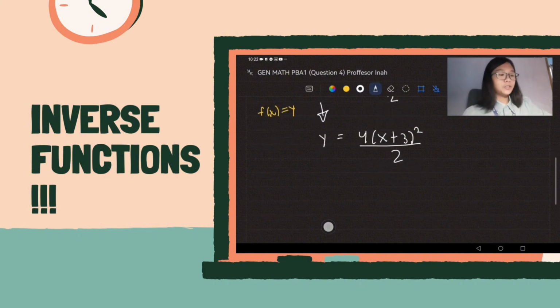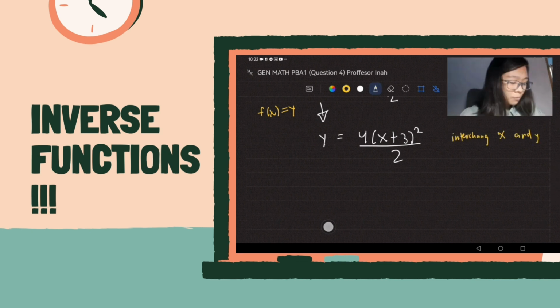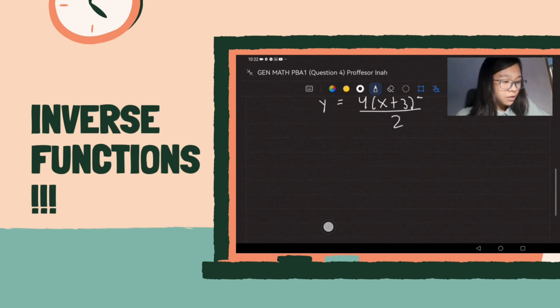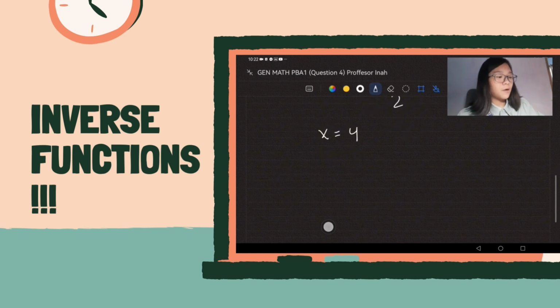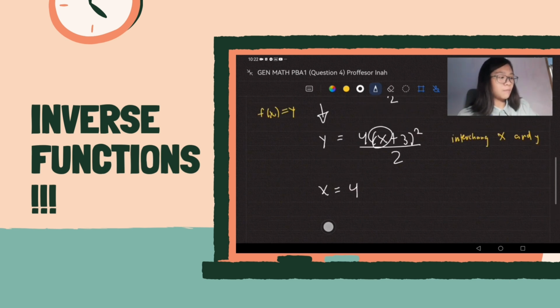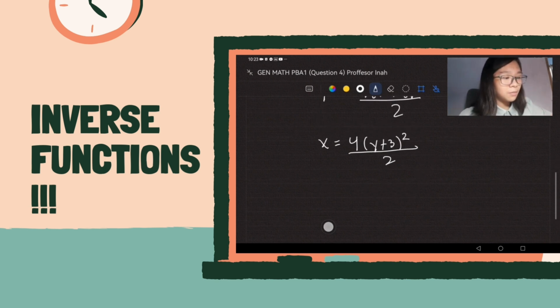We interchange x and y values. This is where the inverse happens. Interchange x and y. So x is equal to 4. Now x here, since we interchange them, will become y. So 4 (y plus 3) squared over 2. We want to get rid of the denominator.